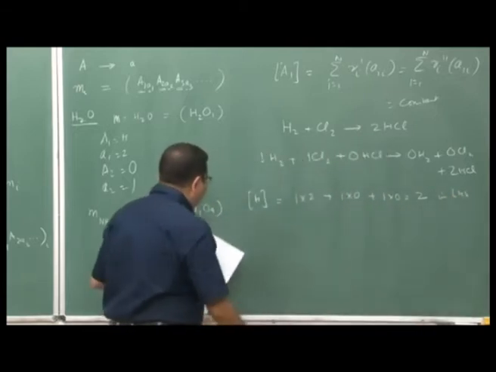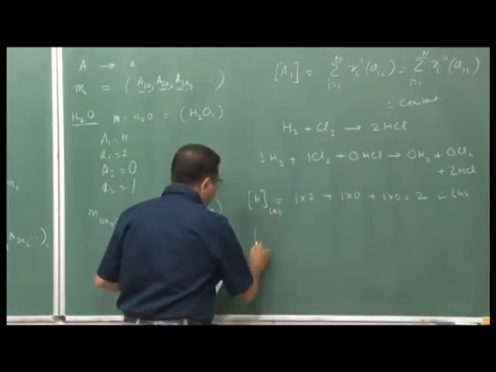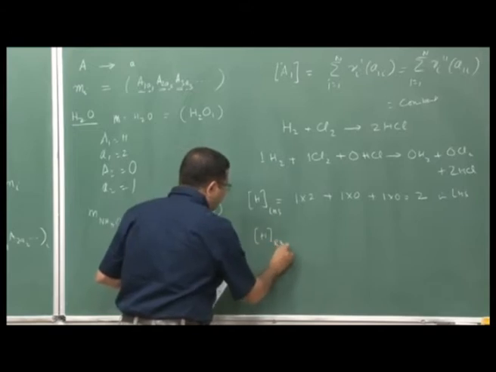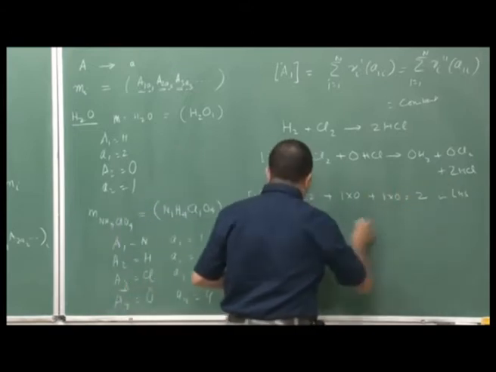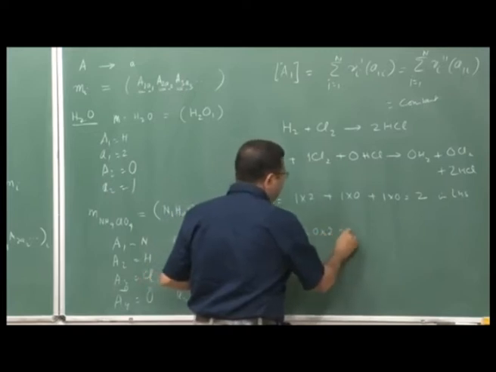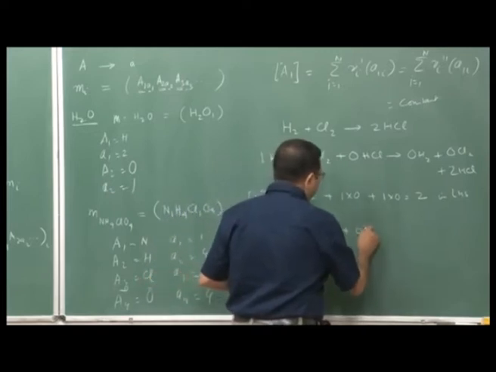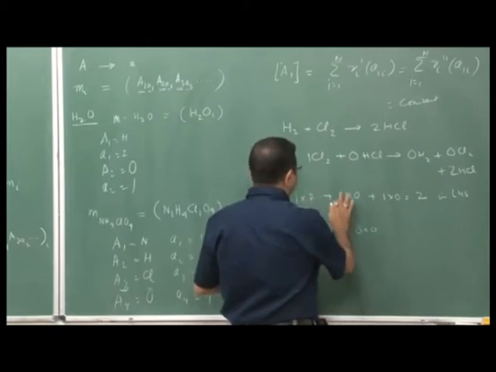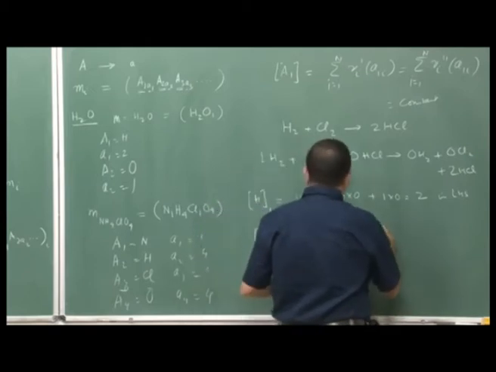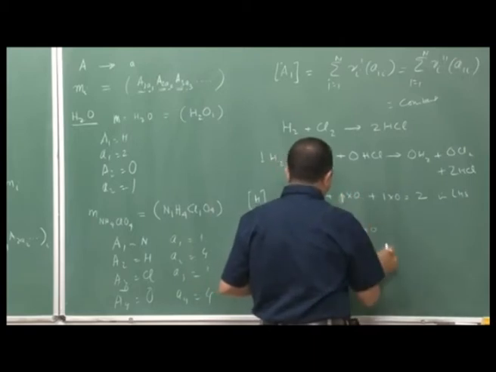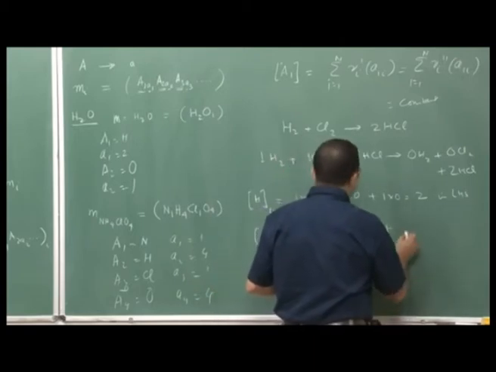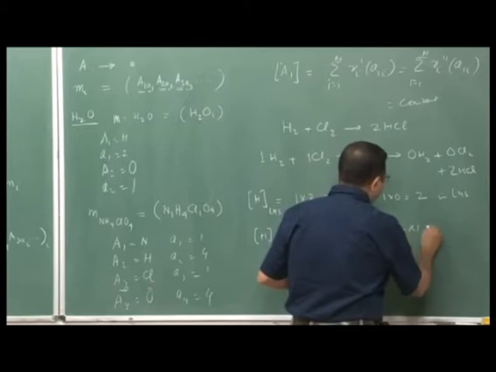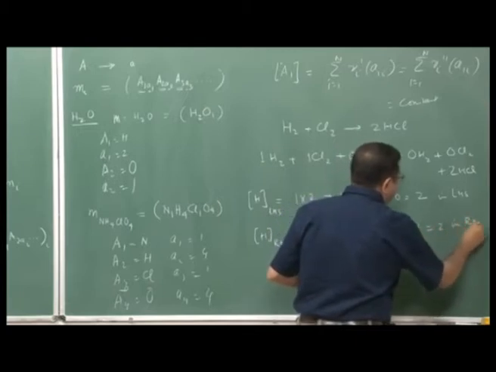And in the right hand side, this is LHS, in the right hand side where we have the hydrogen chloride only, we have 0 into 2 plus 0 into 0, just a second, 1 into 0, yeah, plus 2 into 1, that is 2 in RHS.